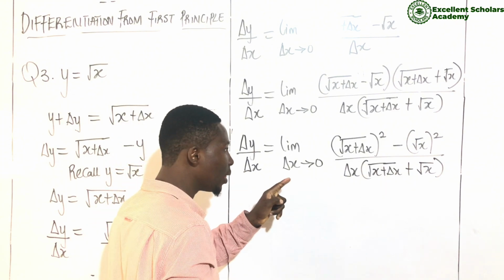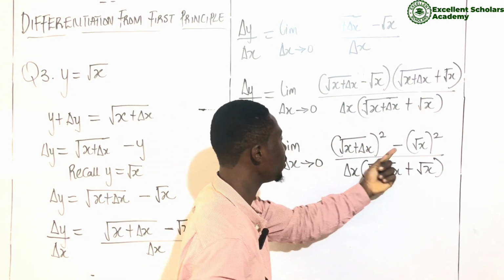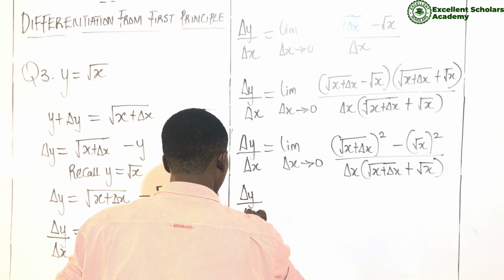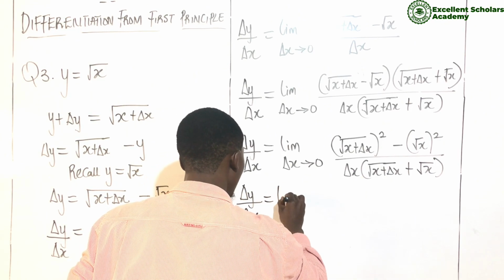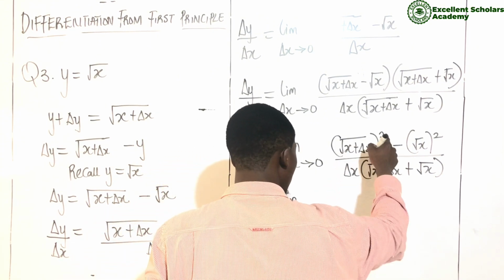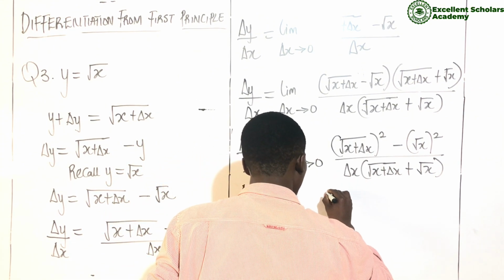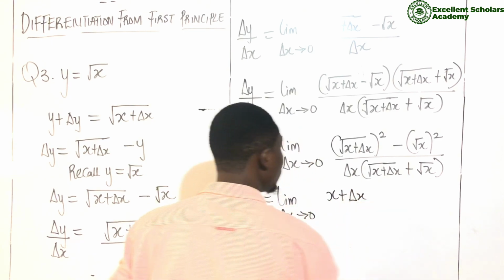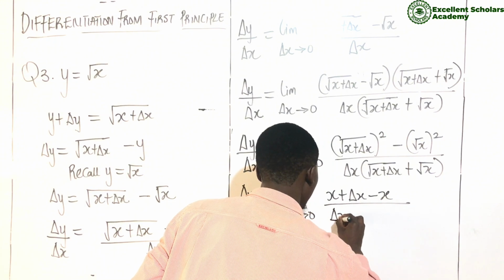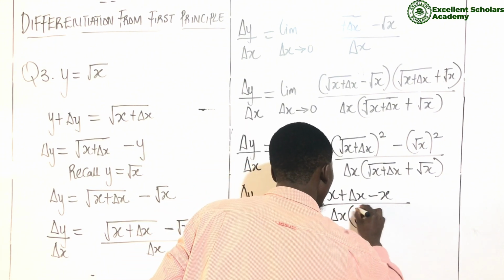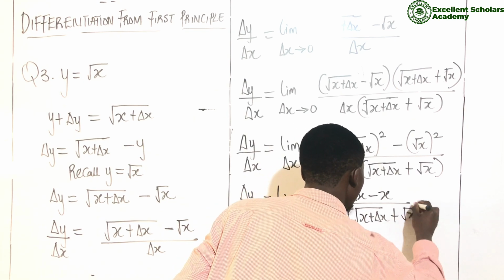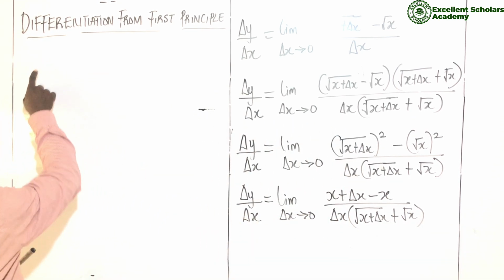Okay, I hope you get that. Difference of two squares can be simplified to this. Now the square takes away the square root here, it becomes x plus change in x. The square takes away this square root, minus x, over small increment in x times root x plus change in x plus root x. We're going to continue from here.